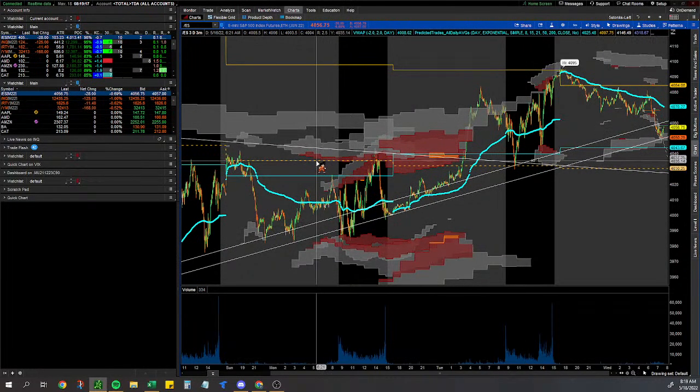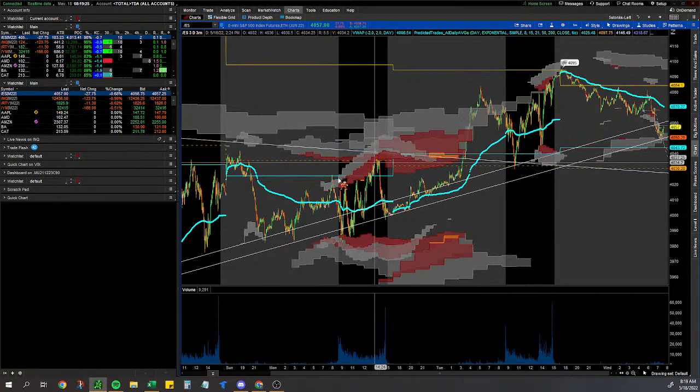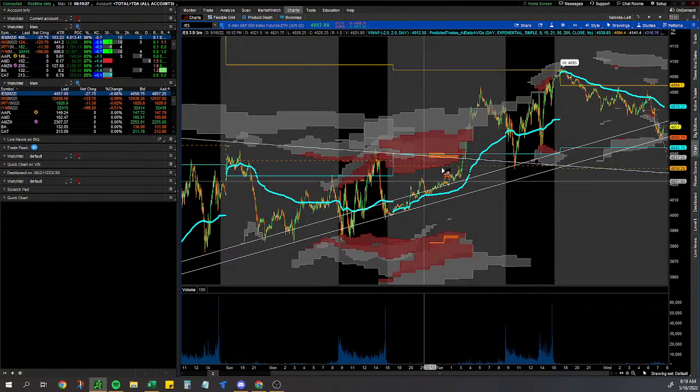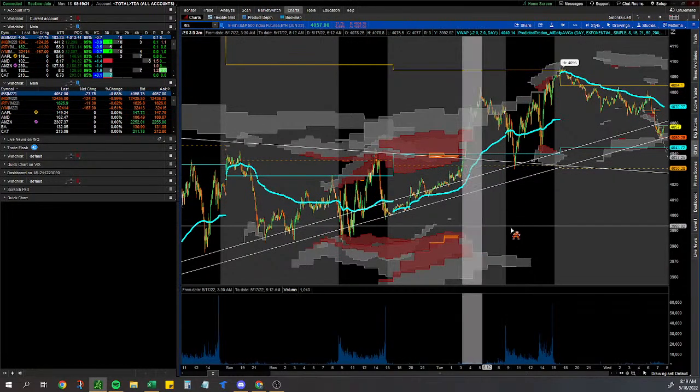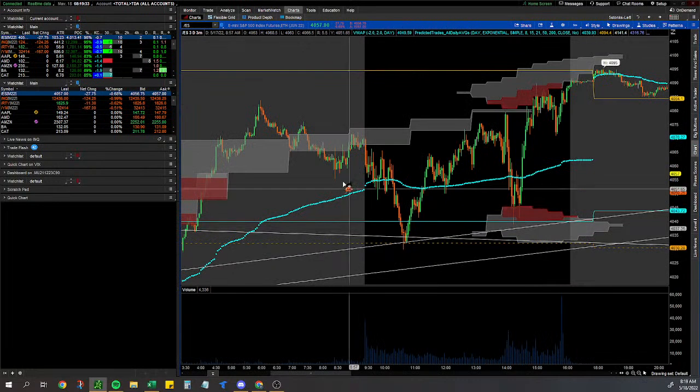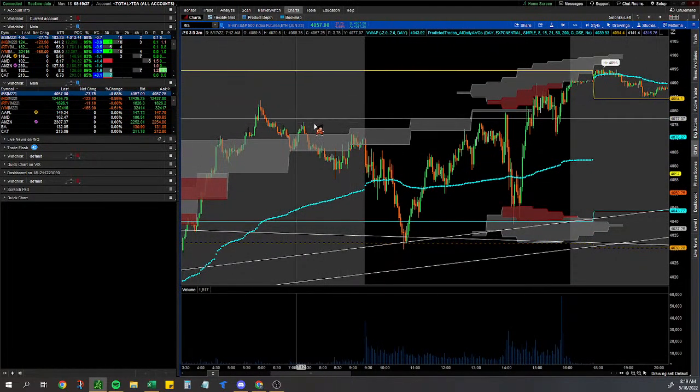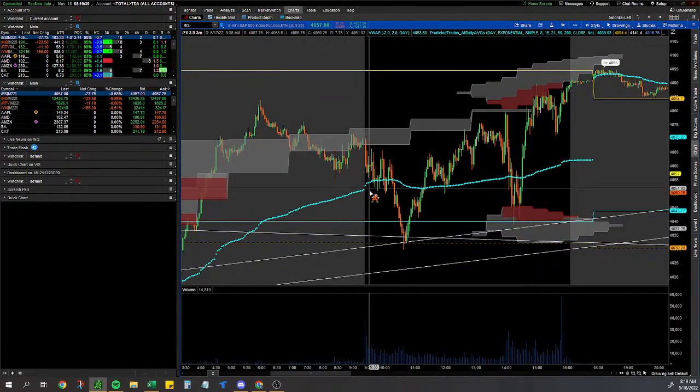At the same time, we had this hash line, which is a daily Keltner. So with that daily Keltner and that daily 8, we had a zone of resistance, and then that zone needed to become support. So the overall thesis yesterday: we're opening at a squeeze top, we're in a downtrend, play that down to support.